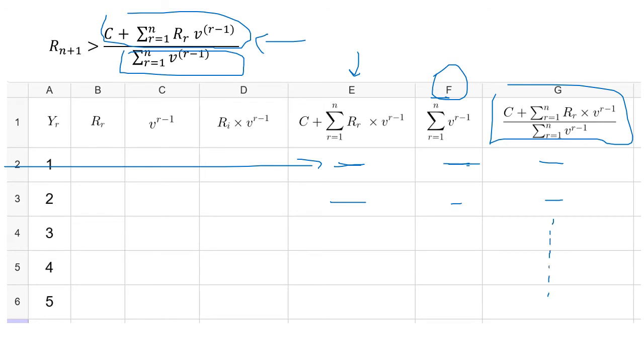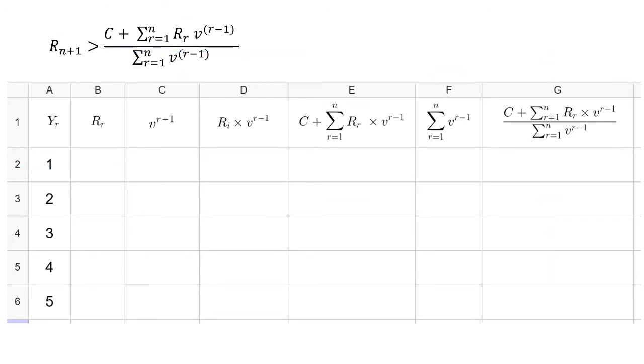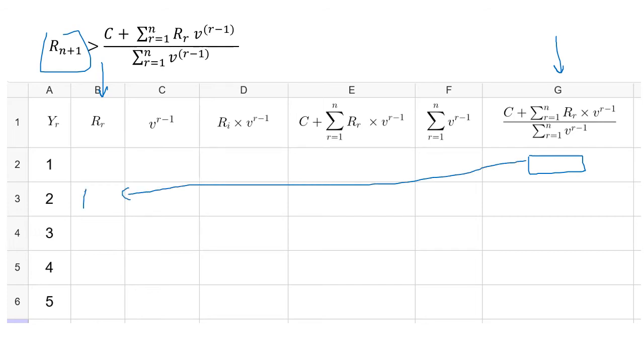And then finally, what we are going to check is whether R_{n+1} is greater than or equal to the right hand side, which is represented by column G. So the machine will be replaced when we are looking at this column G, and R_{n+1}, the running cost of each year, is represented in column B. What we have to do is calculate this term on the right hand side for the first year and compare this term with R_{n+1}, the running cost of the second year.